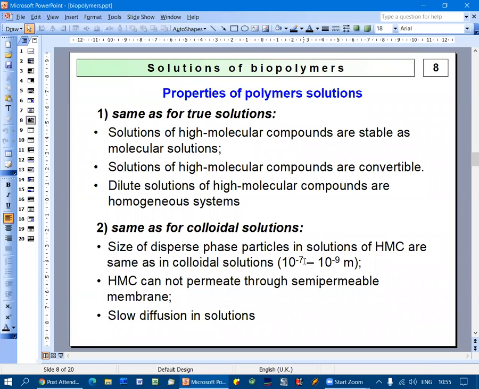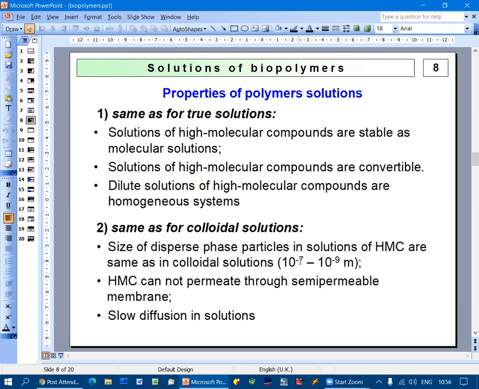That's why the diffusion of such molecules, they have great size and high molecular weight, and of course it will slow down the diffusion in such solution. And due to their extremely great size, molecules of high molecular weight compounds cannot pass through a semi-permeable membrane.